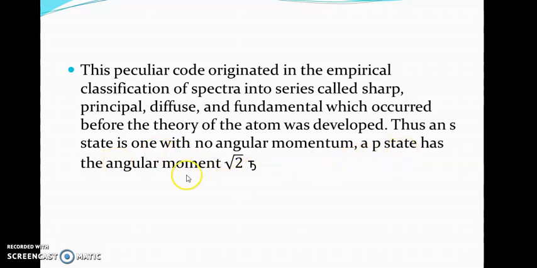So P state has got an angular momentum of root 2 cross H, and D state has an orbital quantum number L equal to 2.